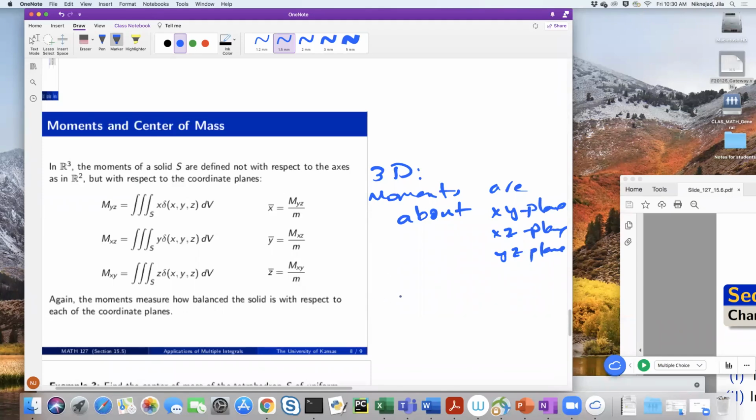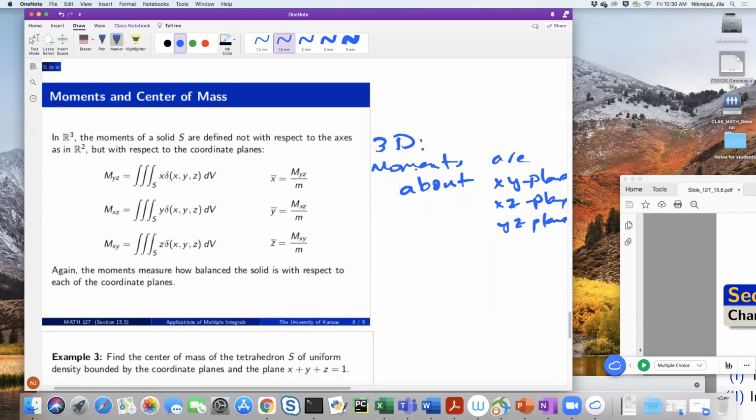If I'm doing it about the XY plane with the same routine that we did for two dimensions, the moment is going to be z times delta. So M_XY is the triple integral over the solid that we're computing of z sigma(x,y,z) dV.